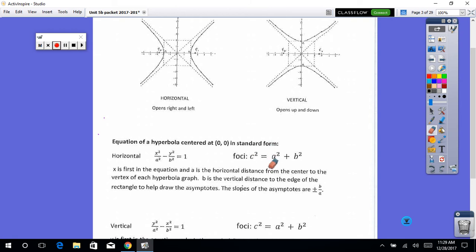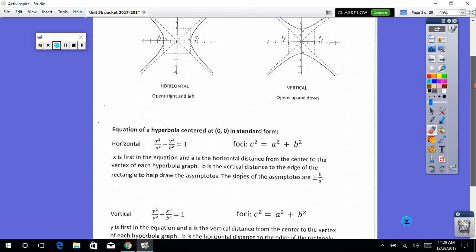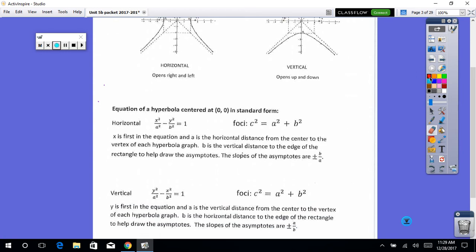Foci is still the same. a squared plus b squared equals c squared, same as it was for an ellipse. Okay, if you look here, here is another difference. For a horizontal ellipse, since it's on the x-axis, the x goes first. If it is vertical, meaning our hyperbola is opening on the y-axis, then the y goes first.